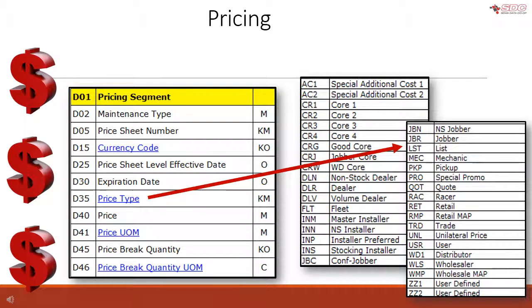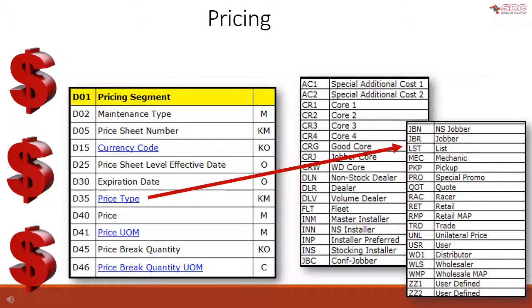And just like we saw in the description segment, the pricing segment also uses codes to bring the information down another level. There are many price types that can be used, such as jobber, retail, map, or even user-defined fields. You can see the list there, some of them on the right side of the screen. Multiple price sheets are allowed to be referenced in the pricing segment, and many different price types can be used within the price segment.